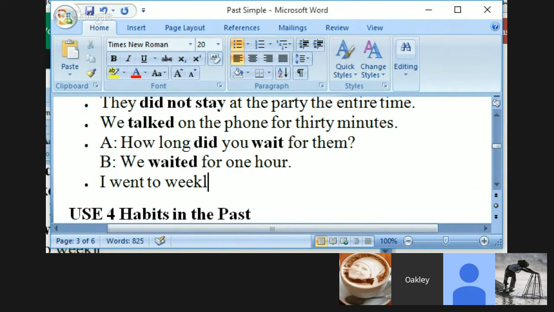Weekly? Weekly. Mm-hmm. No, weekly. Sorry, again? A moment. Oh, I lost you. I didn't hear you because of a connection problem, I think. Could you repeat it?